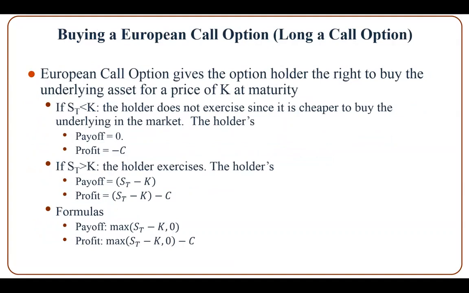A European call option gives the option holder the right to buy the underlying asset for a price of K at maturity.